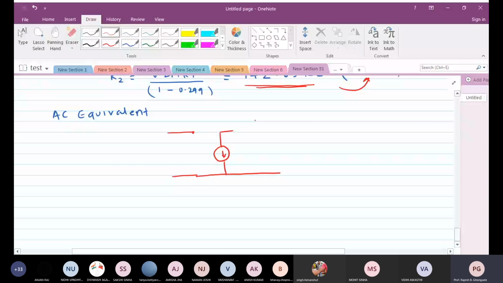Very simple model. So this was the model for MOSFET. Do you remember this, guys?